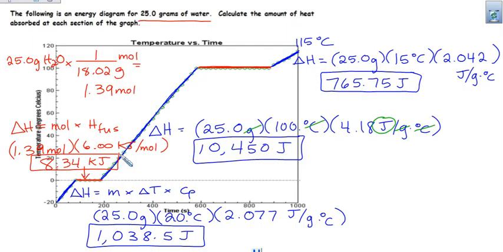And now the beauty of this is, once you solve for moles, we can use that number again up here at the boiling point. So when we're up here at the boiling point, the equation I want to use, delta H equals moles times heat of vaporization. But it's still 25 grams, so it's still 1.39 moles. I just need to look up the heat of vaporization on a chart.